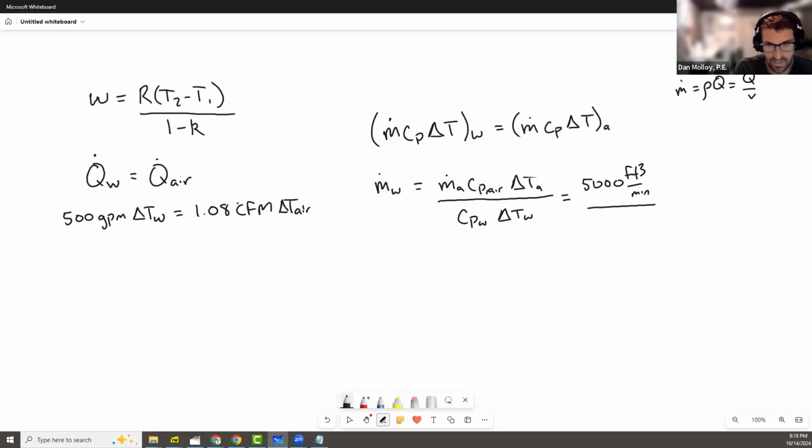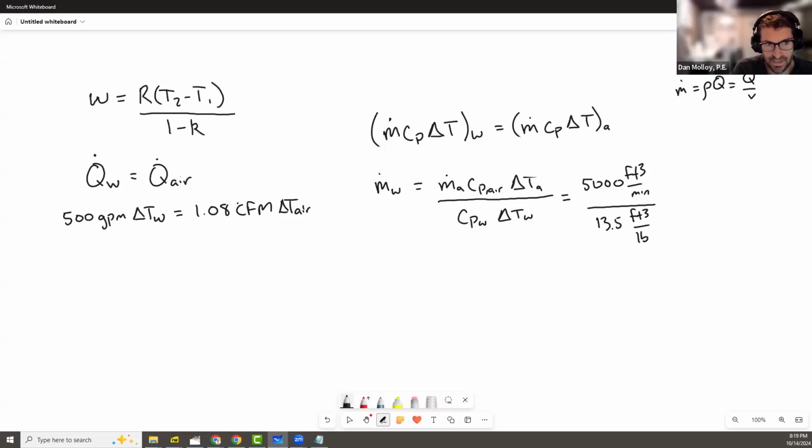So I'm just going to divide by the specific volume. And I'm using a standard specific volume value of 13.5. If you want to be more precise, you can use the particular conditions of that problem to get the exact specific volume. And if I'm off by a little bit, that's probably why. And that's going to be cubic feet per pound of air.